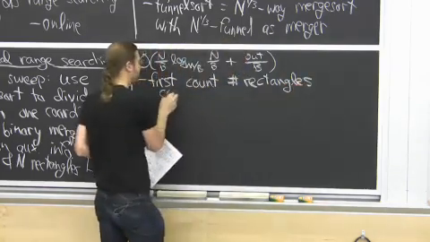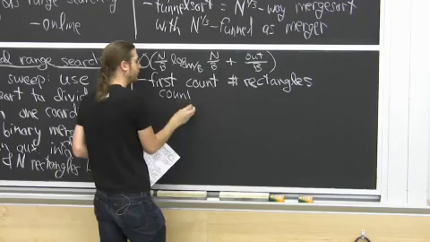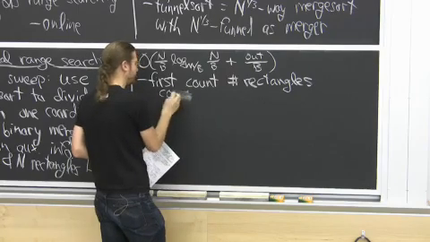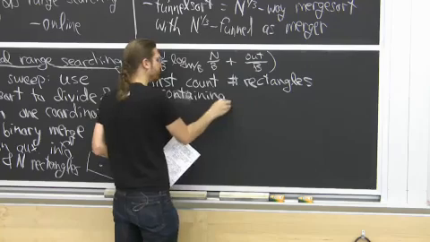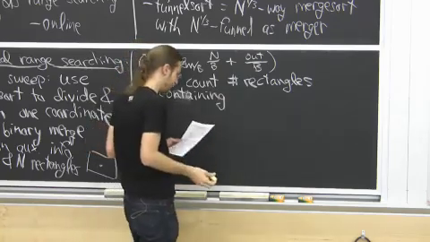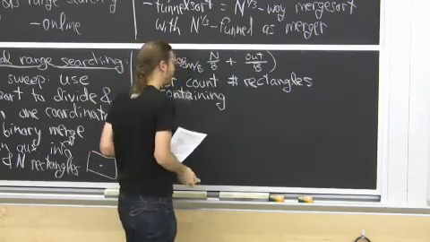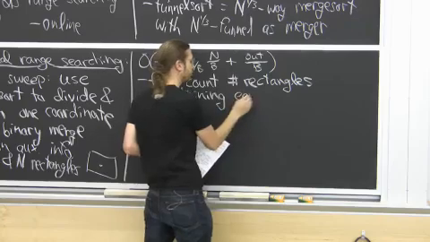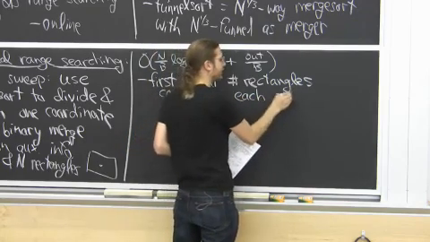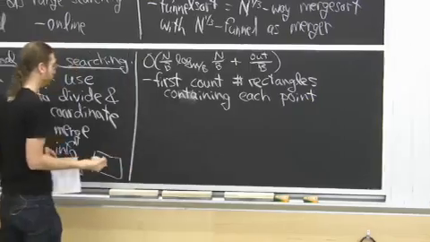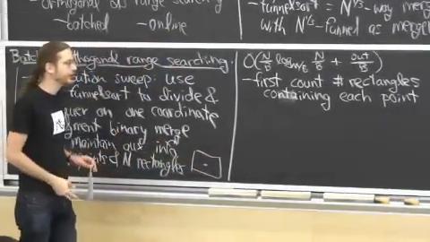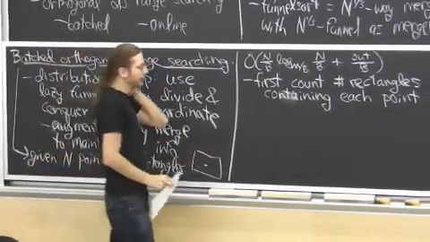So remember, we've talked about range reporting and also range counting. You just want to know the number of answers. Here's something in between. You want to know for every point how many rectangles contain it. In particular, this will tell you for each point, does it appear in any of the rectangles in the set? It'll tell you how many.